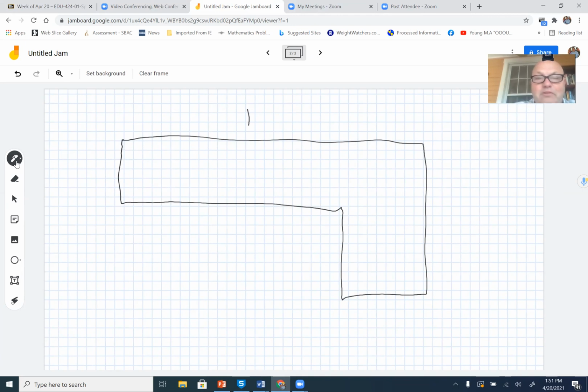If I tell you that this is 12 feet and this is 4 feet and this is 4 feet, I could ask you to find the area and perimeter of this shape. I would have to tell you that this is 8 feet right here. Okay, now I can ask you to find the area and the perimeter.